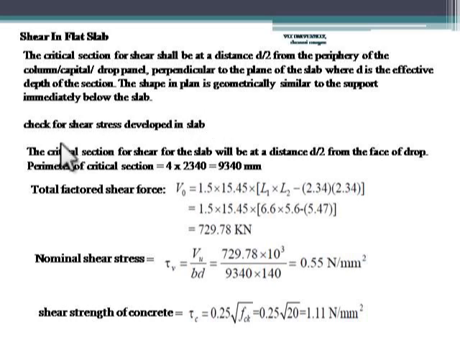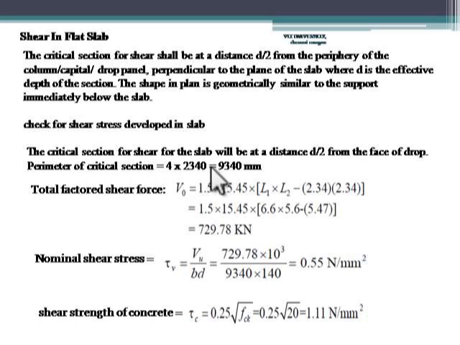So check for shear developed in the slab. In IS 456 page number 57, from there we will get shear in slabs. So the critical section for shear for slab will be at a distance of d by 2 from the face of drop. So perimeter of the critical section is 4 into 2340.